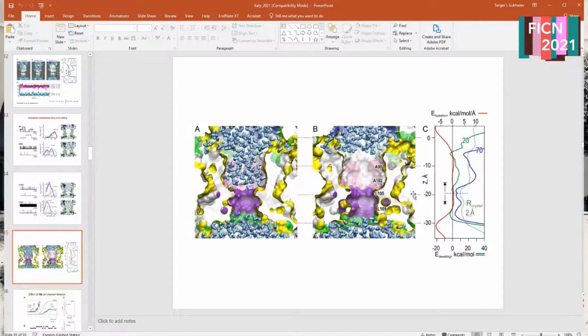So we also found that the noble gas xenon, which is sometimes used as an anesthetic, a very expensive anesthetic, actually changes the behavior of the MscS pore and MscS gating.